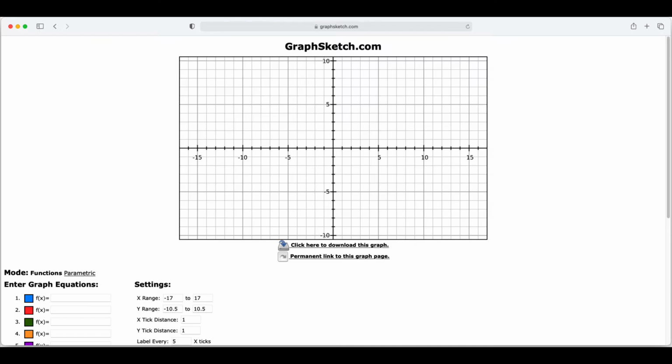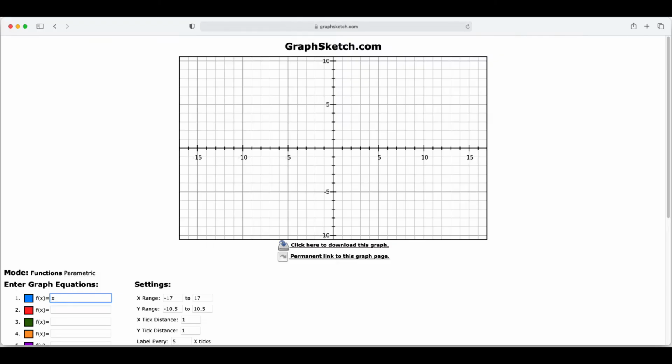If I go to that website, it's going to end up looking something like this. Now the first thing that I need to do is get my equation typed in. So down at the bottom left-hand corner, they use f of x. They're using function notation. But what we want to remember is that this f of x just means the same as y equals. So in this first equation, I want to type in x squared minus 2x minus 3. Now when you're doing the x squared, we'll type in the x.